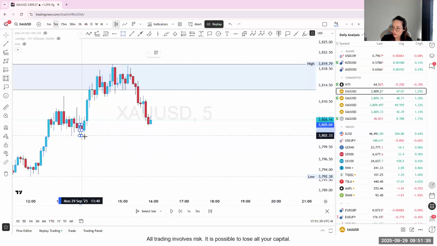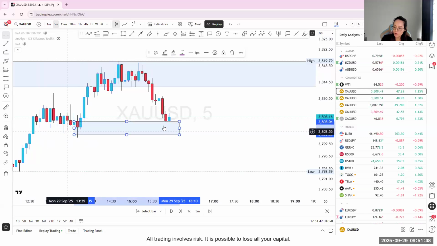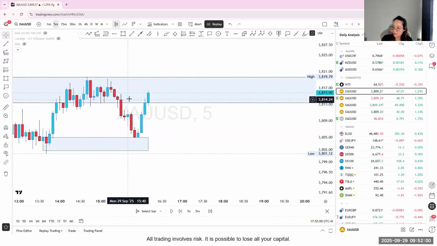Below here, they also have the bullish engulfing, which is price closing with a bullish engulf, correct? You can see that. And this is the support level. From here, if price comes to this level, we're gonna buy. And now I'm gonna sell at this level.